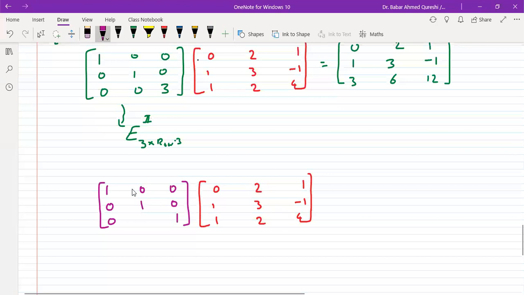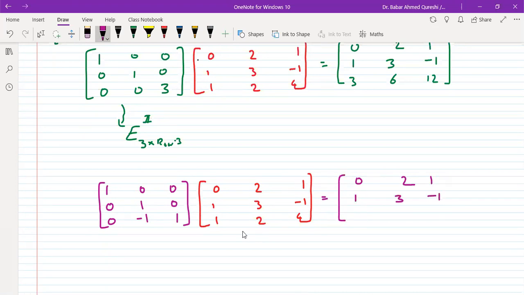So I just put a -1 here. And that should achieve this for me: this row leaves this as 0, multiplies this with -1 and adds it to this.